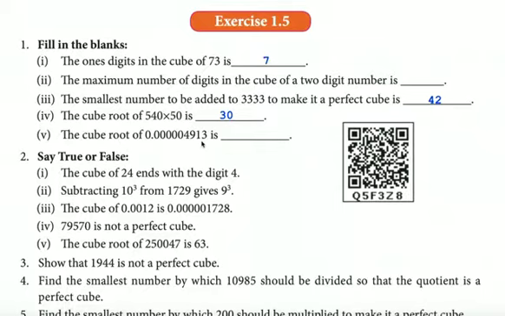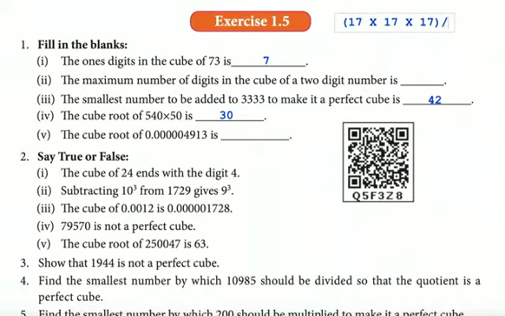So 4913 can be written as 17 into 17 into 17. Okay, let me write it here. On the numerator you have 17 cube, that means 17 into 17 into 17. I can put a bracket at both ends.